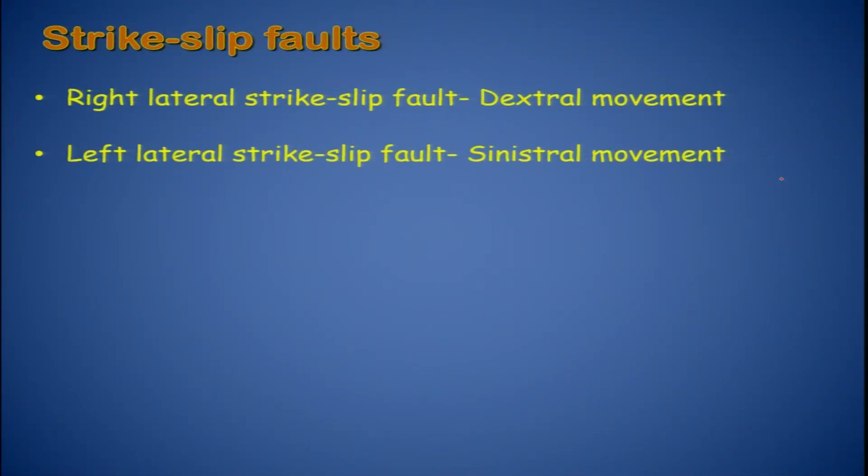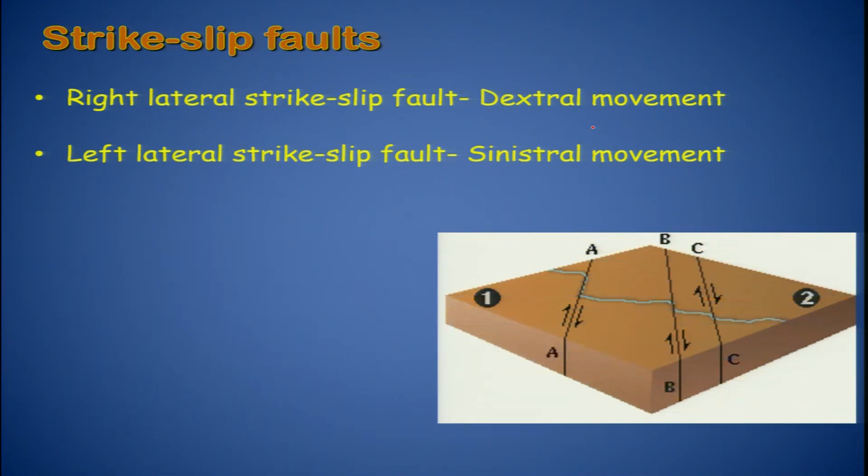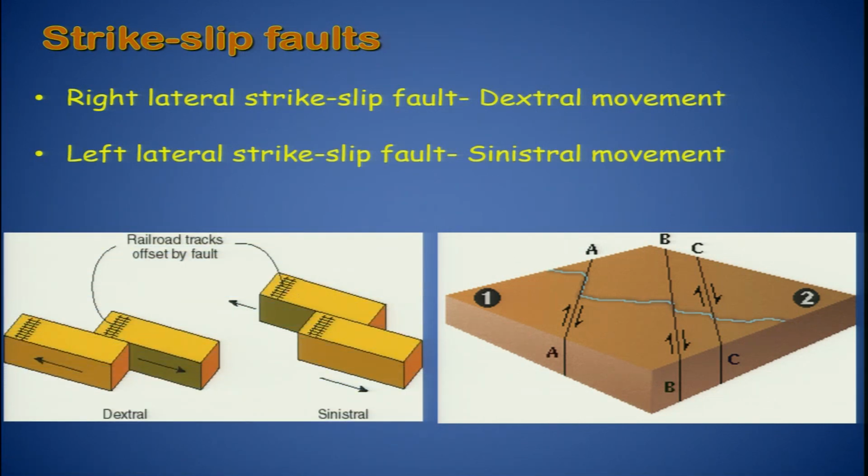So two types of motions we have already discussed, so I'll just quickly move to the slides further ahead. We see dextral movement, which we mark as a right lateral strike slip. Sinistral movement, we say that is a left lateral strike slip, and that is what we see here.